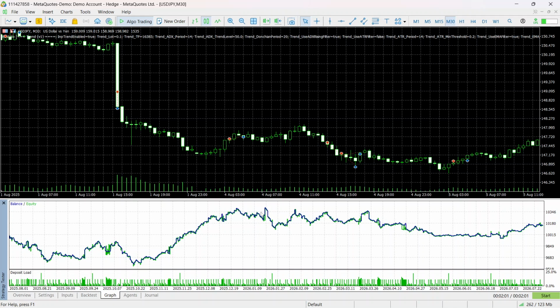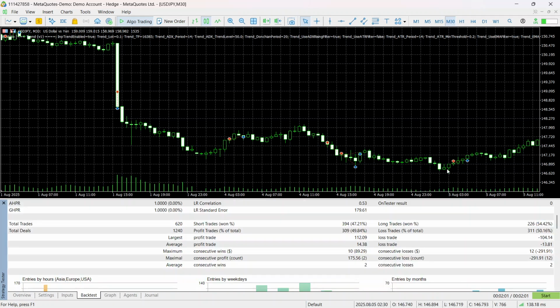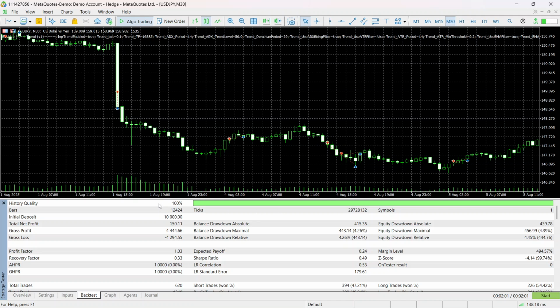After that, it mostly chopped sideways with $300 to $400 pullbacks. You can see the deposit load stays pretty light the whole time, never really loading the account hard. History quality was 100%, you can see here. And we had almost 3 million ticks. So the data quality was solid.